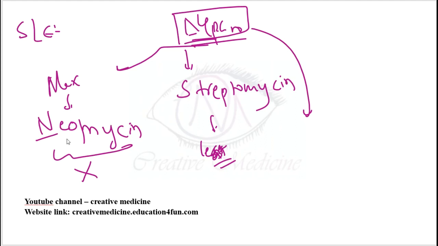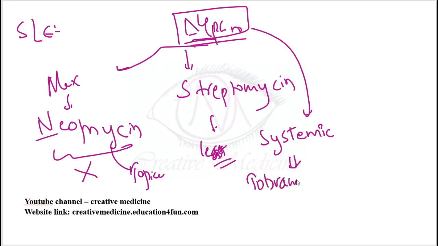Nephrotoxicity is caused by neomycin. Actually, neomycin is not indicated for systemic use. This is mainly a topical aminoglycoside. Then if you were asked what is the aminoglycoside causing nephrotoxicity which is used systemically, we have tobramycin followed by gentamicin.